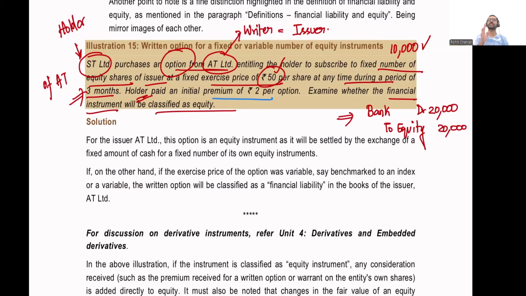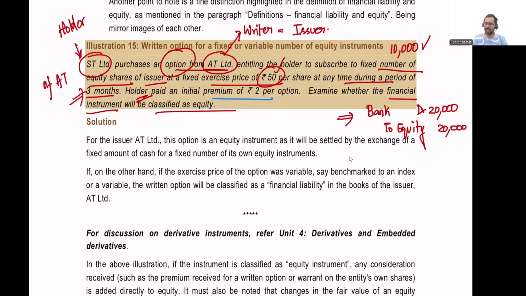We are only going to see, does AT Limited under any situation have an obligation to deliver equity shares? If the answer to that is yes, then we will evaluate the fixed to fixed test. We are going to see whether, under any circumstance, AT Limited has an obligation to deliver a fixed number of equity shares. And if the answer to that is yes, then we will be recording this as equity on day one itself.